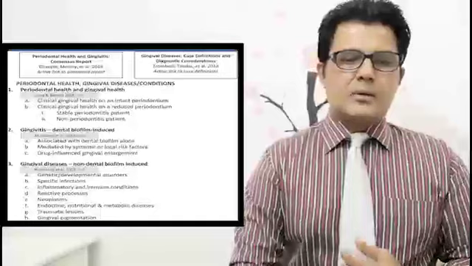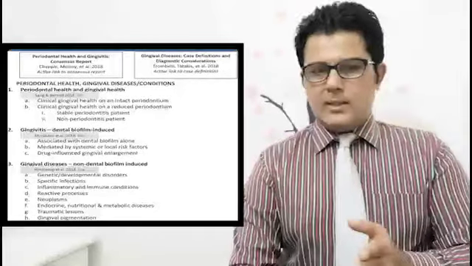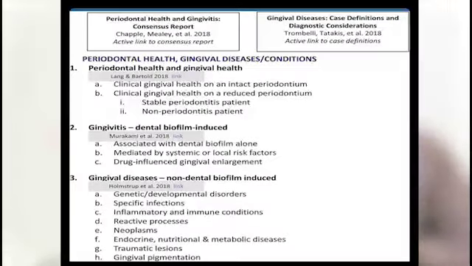So, what is periodontal health? I told you there are 3 categories: periodontal health and gingival health; gingivitis, dental biofilm induced; and the third one is gingival diseases, non-dental biofilm induced.